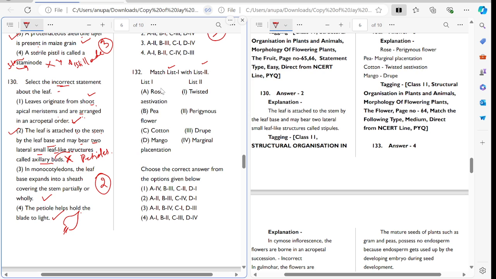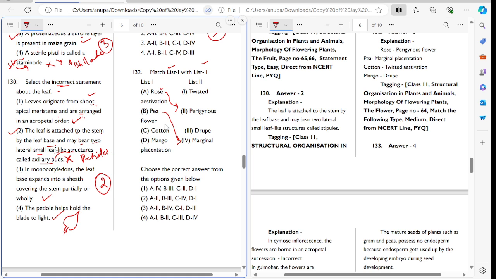The first option is rose, and the options given are twisted, perigynous, drooping and marginal. We know that rose is a perigynous flower, so rose will go with perigynous. Next option is pea, and in pea we know that marginal placentation is found. So pea will match with marginal placentation.